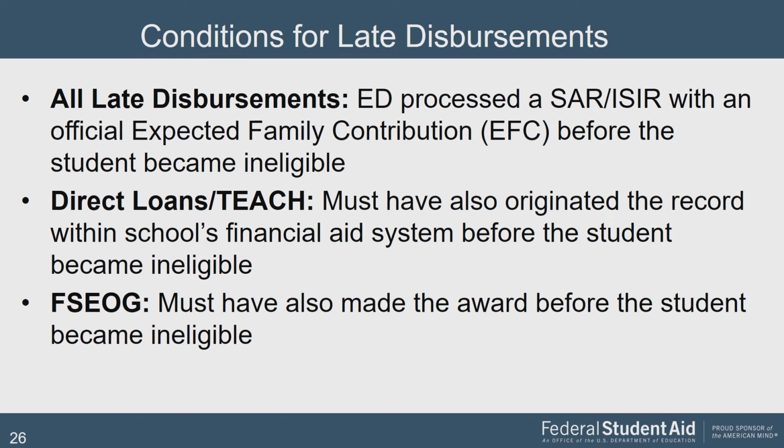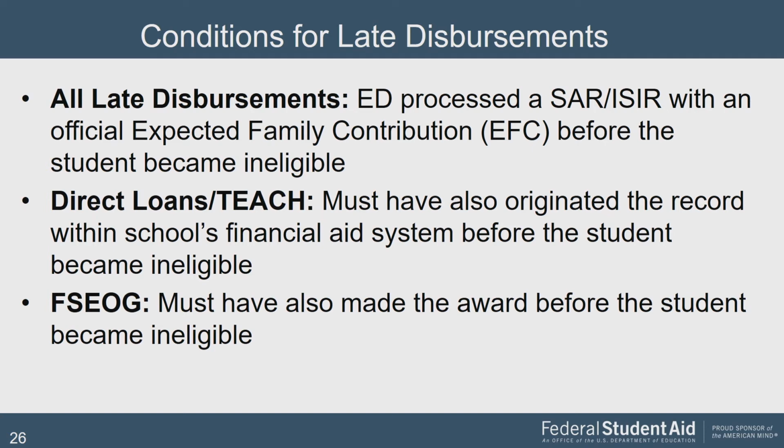You also have to already have the origination record within your system when it comes to Direct Loans and TEACH. It must already be originated. You cannot originate a loan after the student becomes ineligible.